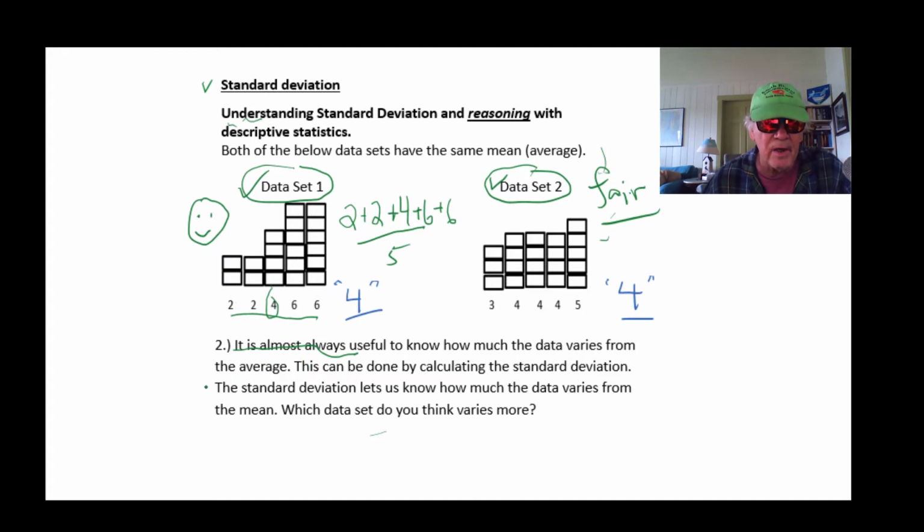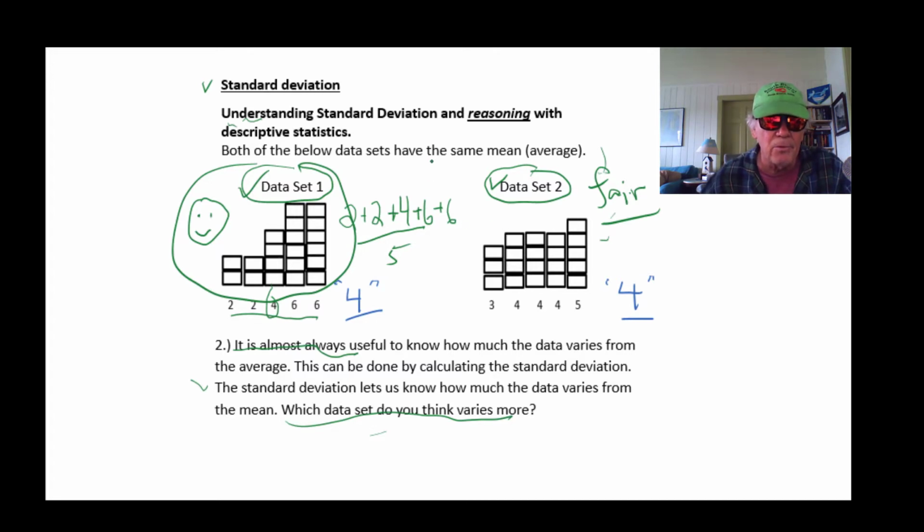The standard deviation lets us know how much data varies from the mean. Which data set do you think varies more? And hopefully you answered this one here, varies more. And when we calculate the standard deviation, we're going to see that the standard deviation of data set number 1 is going to be higher than the standard deviation of data set number 2.